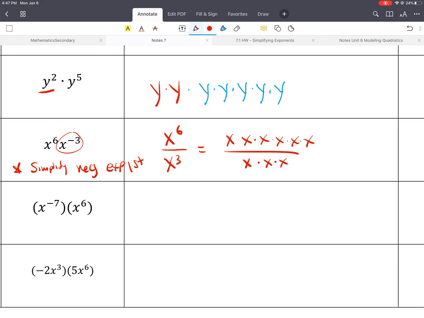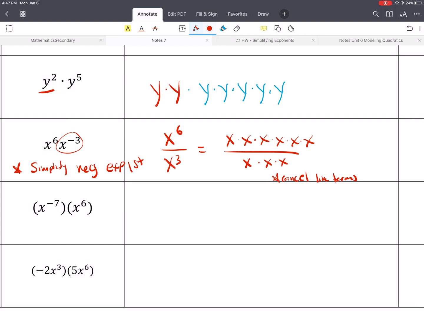If you're going to expand like that, you can always cancel like terms.